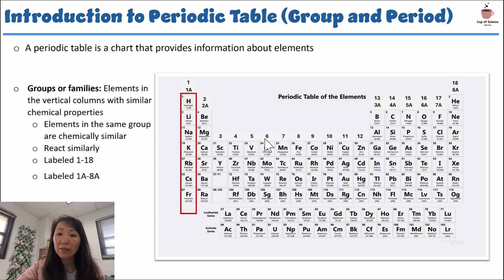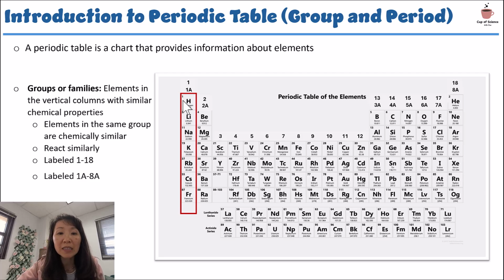So as you count across that way, as well as include these guys, it does number from just 1 through 18, but that doesn't have the letter A.